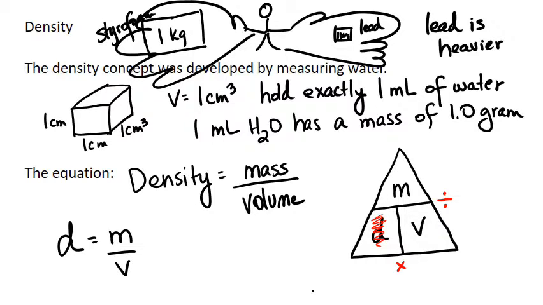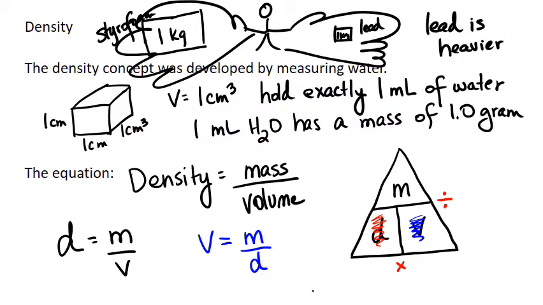Okay? If I want to solve for the volume, I cover up the volume, and what's left over are the mass and the density. There's the dividing line between them, so volume is equal to the mass divided by the density.